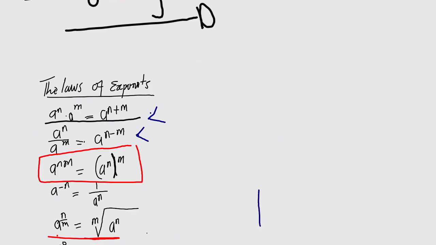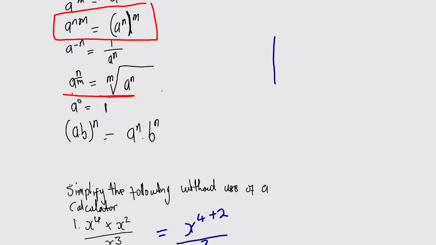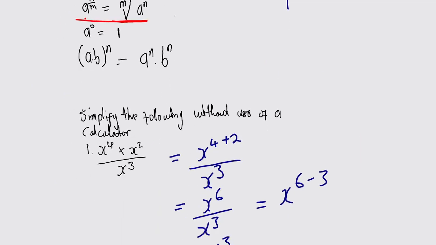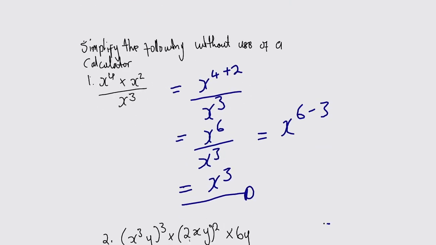To the beginners, I would advise that you use one law at a time, because sometimes you can find yourself using all the laws at the same time, and you might make a lot of mistakes.